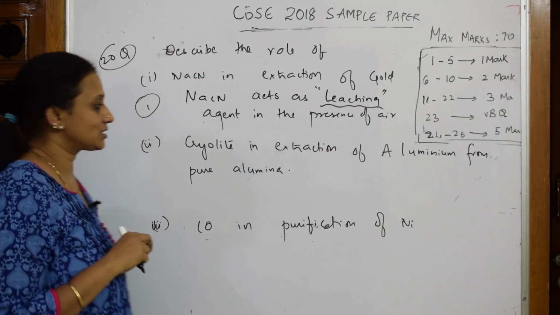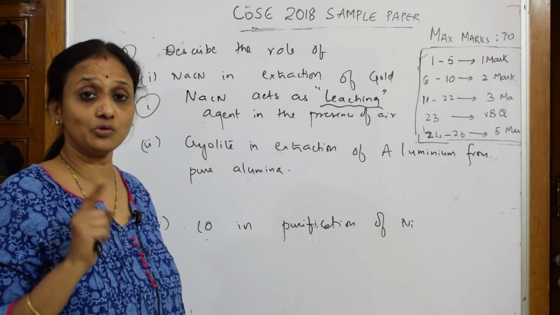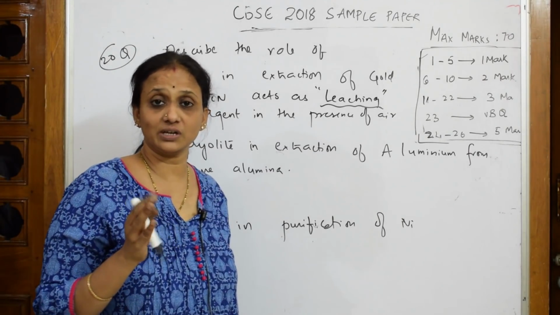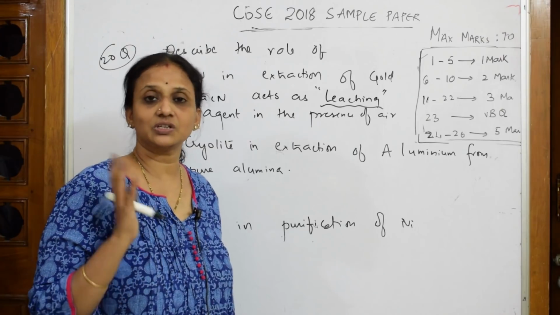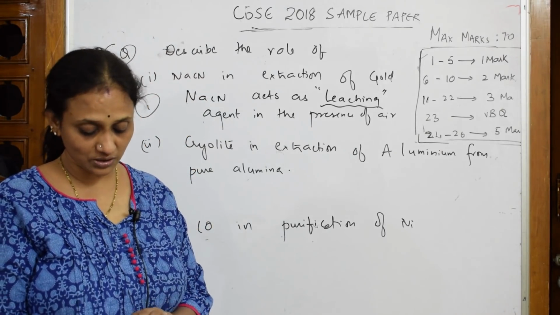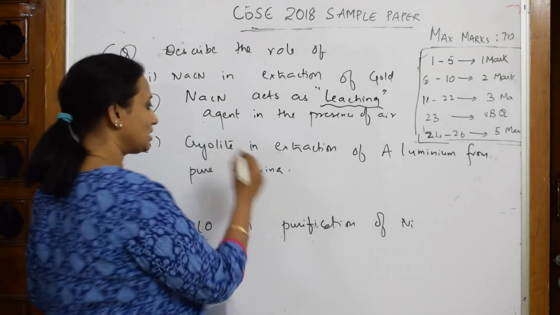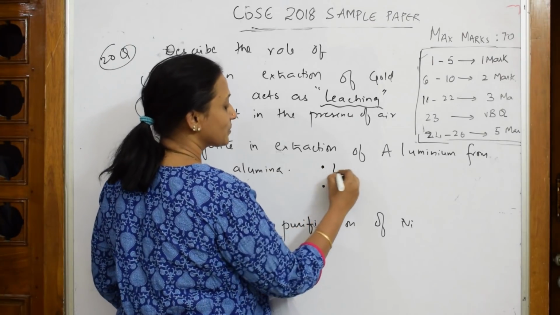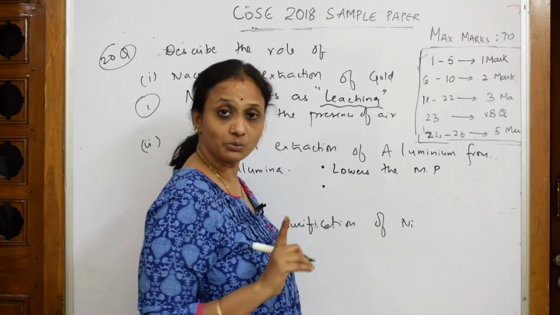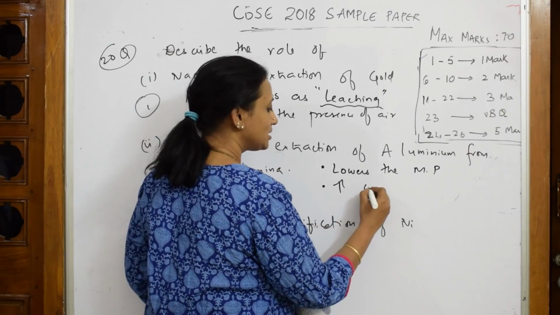What is the role of cryolite in the extraction of aluminium from pure alumina? I explained the role of cryolite in metallurgy, and I also gave it on the thumbnail, so watch that video again. Here I'm just writing the answer. Cryolite lowers the melting point, and hence increases conductivity.